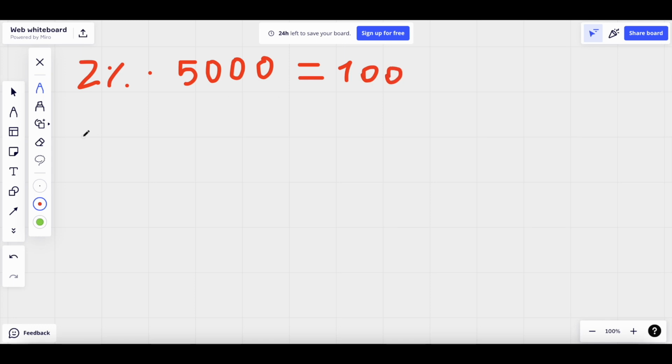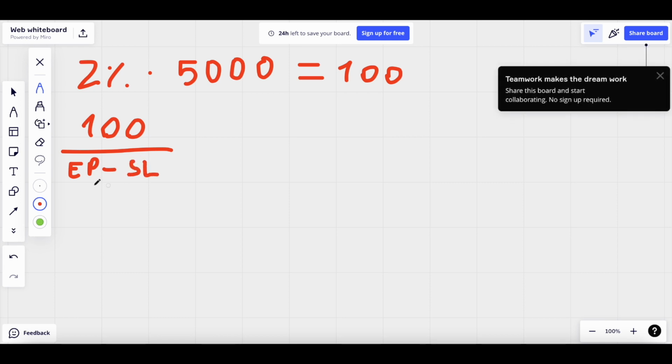And in order to calculate your position size, you need to take your risk tolerance, which is $100, and divide this amount by the following equation, which is (entry price minus stop loss price) divided by entry price, times the amount of leverage that you are using in this trade.